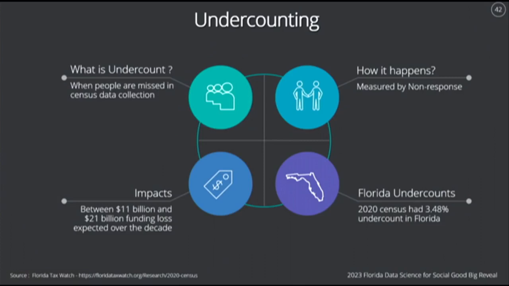Based on that census, a lot of areas in the whole United States have been undercounted, and Florida is unluckily one of them. Florida faced undercounting by the post-enumeration survey report, and 3.8% of the whole population was affected. According to Florida TaxWatch, Florida will lose around $11 billion to $21 billion by the end of the decade. It's a huge loss for Florida.